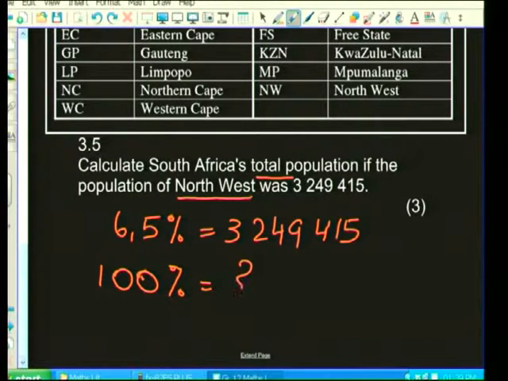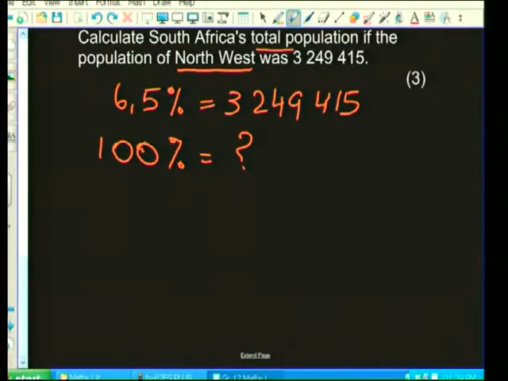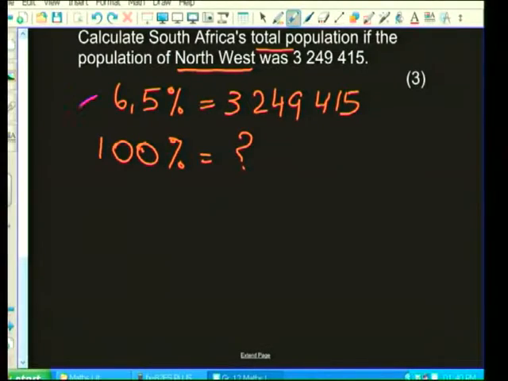And that's where I've now got a ratio again. So I can do it again the way I did it in the last question. Remember where I said, well, okay, let me work out what 1% is. So take that number, divide it, and then times by 100. Or I could also say, this is a ratio, so what I need to do is times by the second number divided by the first.